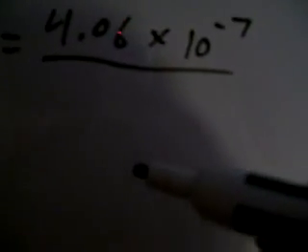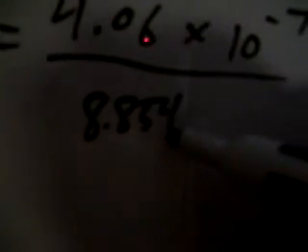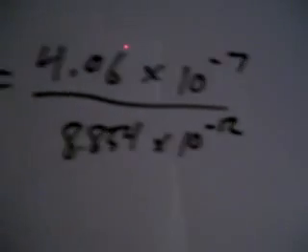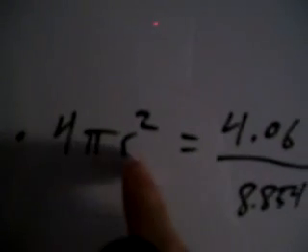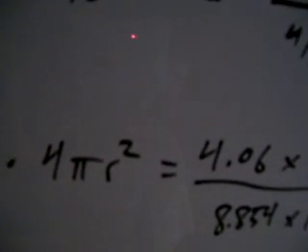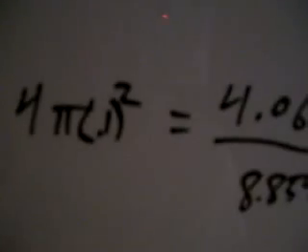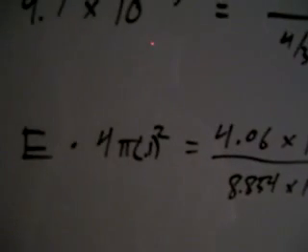divided by epsilon naught, which is 8.854 times 10 to the negative 12. And for this r, we're going to plug in 0.1 for this particular Gaussian sphere.